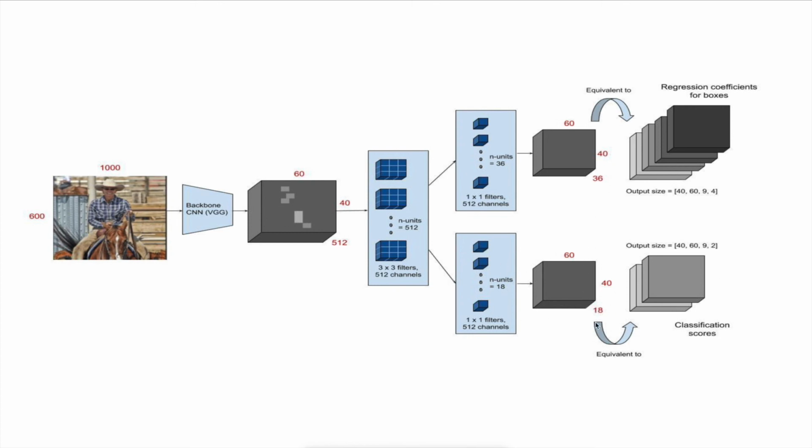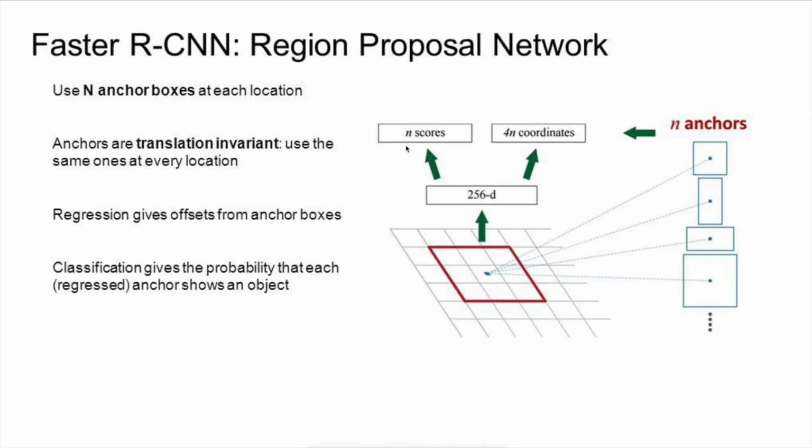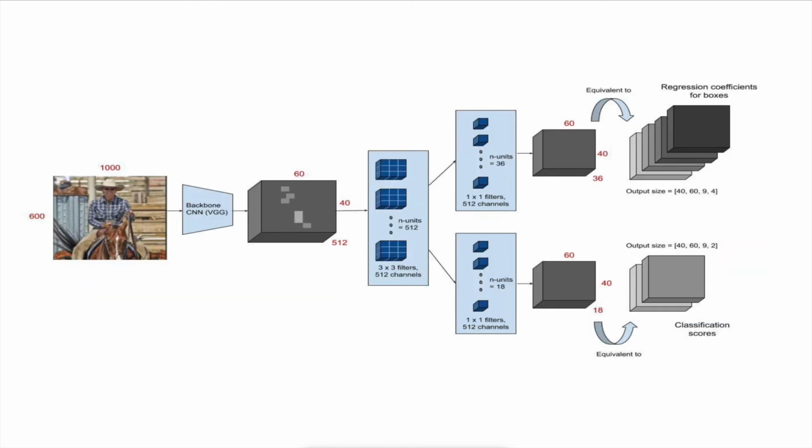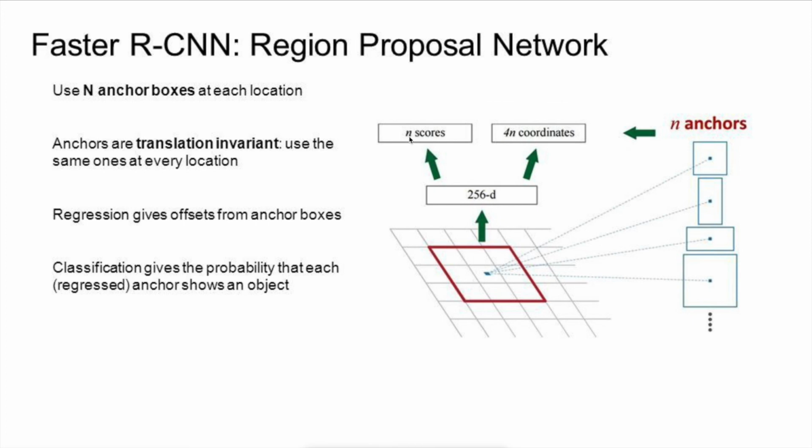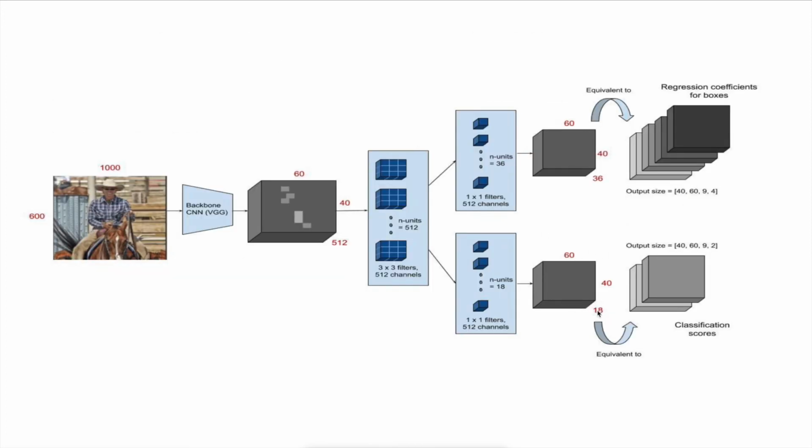That's why we are getting 18. Here n is the number of anchors and the score is 2. A score of 1 means yes, this is an object, and a score of 0 means we have not found any object. Since the score is 2, n into 2 is 18, so we get 18 here.